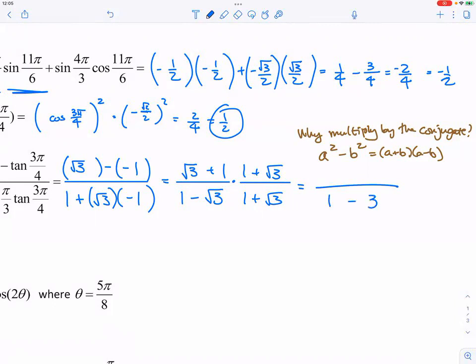And because of that, we will have 1 minus 3 in the denominator, because we have 1 squared, which is 1, and then root 3 squared, it's just 3. And the numerator, you have 1 plus square root 3 perfect square. So you have 1 plus 2 root 3 plus 3.